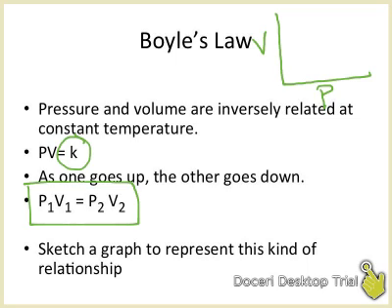In order to keep pressure the same, our volume is going to have to go up and down. So if we were going to draw a line, remember this is inversely. As one goes up, the other goes down. It's going to go from top to bottom, like that.